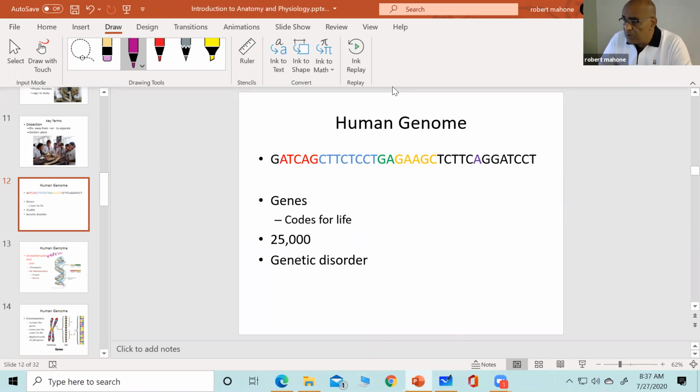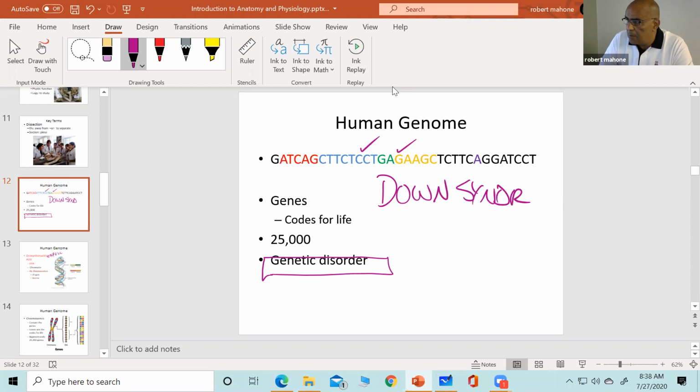And that's what we would call a genetic disorder. Something that happened to you because there was a mistake up in here somewhere. Like Down syndrome. It's a mistake in the DNA. And they develop that condition because of that mistake.